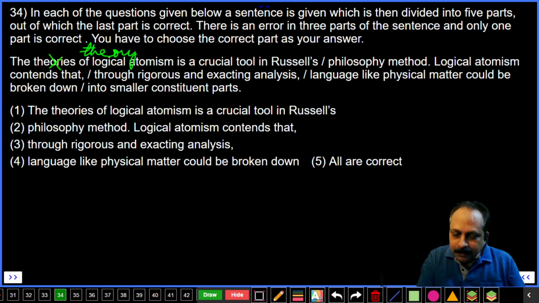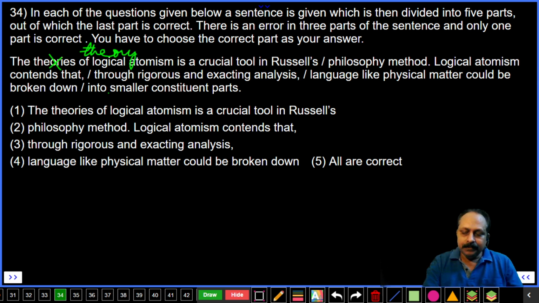Please give me a second. Language, physical matter could be broken down into smaller constituent parts. The theories of logical atomism, it is the theories.